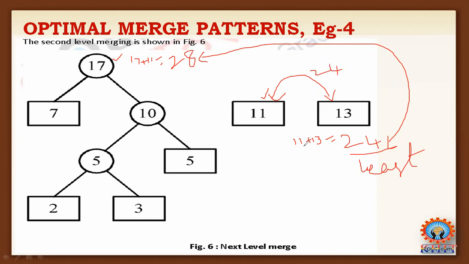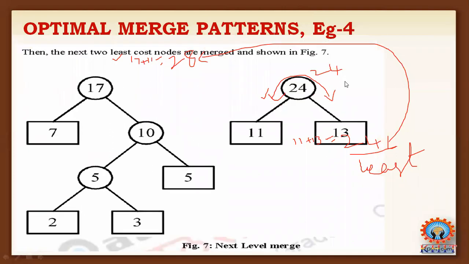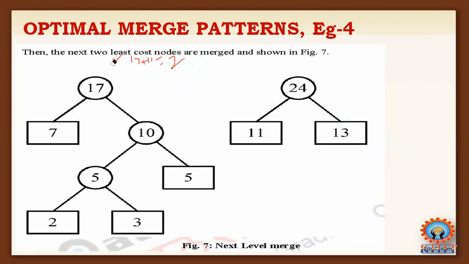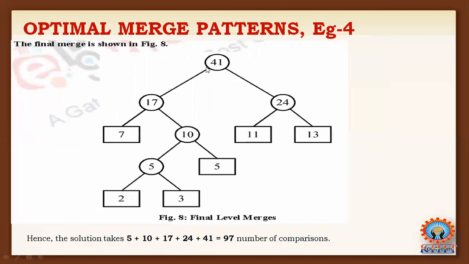Once the merging of these two files is done, the cost is 24. Now we can merge 17 with 24 and you will get the final merged file. Once we apply this, we will get the final result 41.